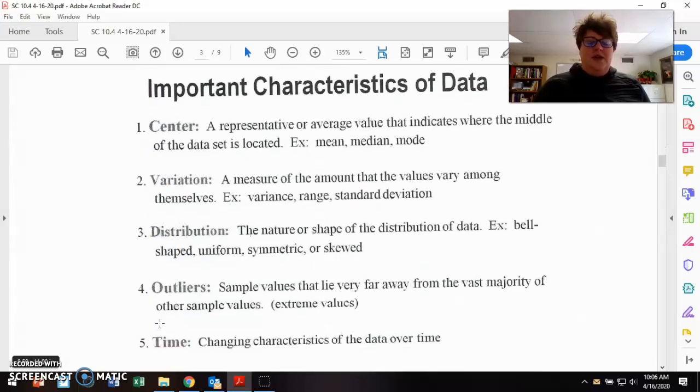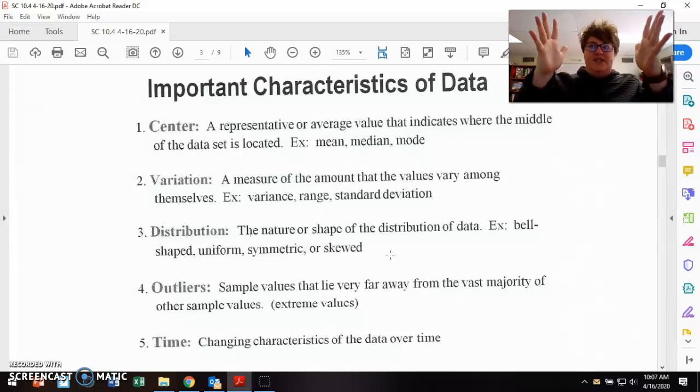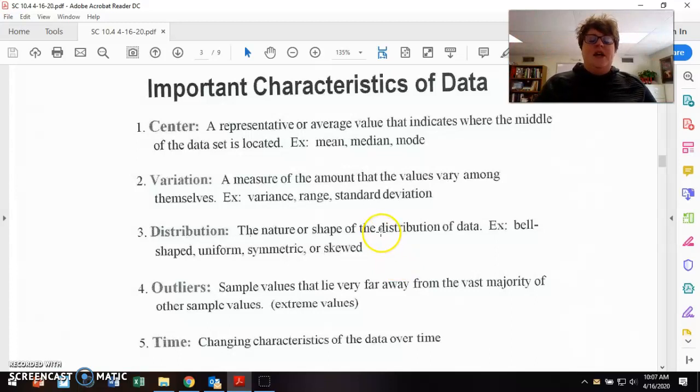In characteristics of data, we are just going to focus on the center, but know that there are also variations. There are distributions, and that's where the bell-shaped curve comes into play. Most of the time with grading, all of your grades should clump somewhere in that 70 range. You want there to be low points and high points, but you want your data to be in a bell-shaped curve.